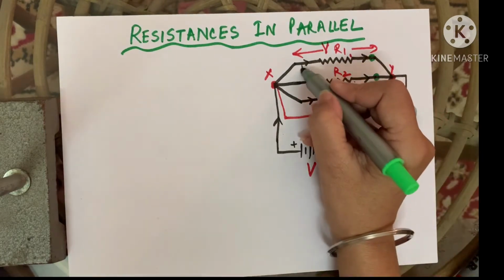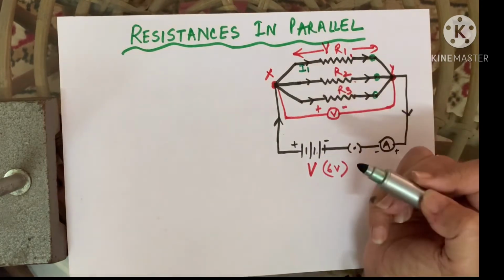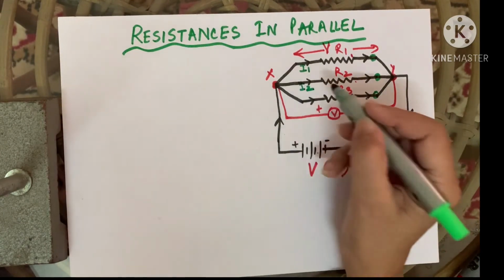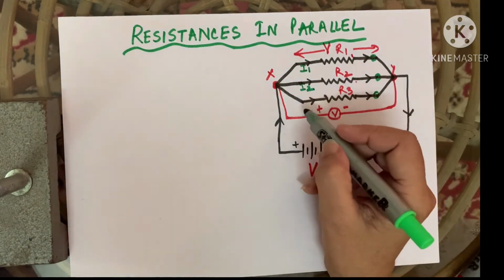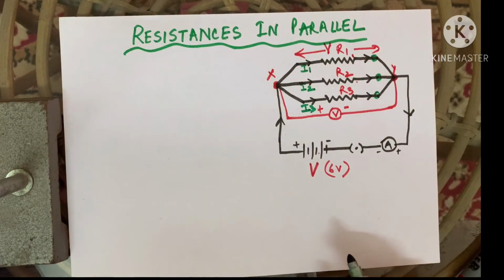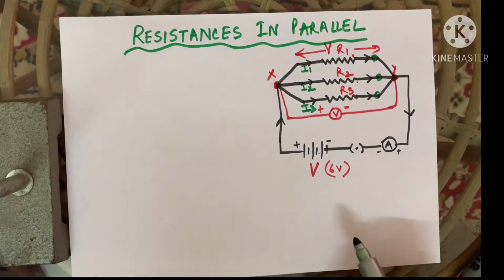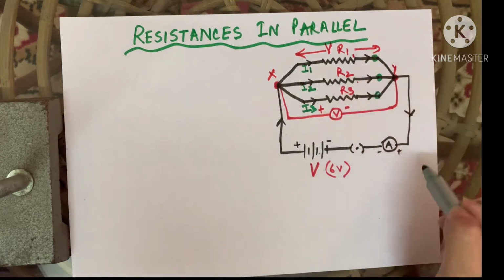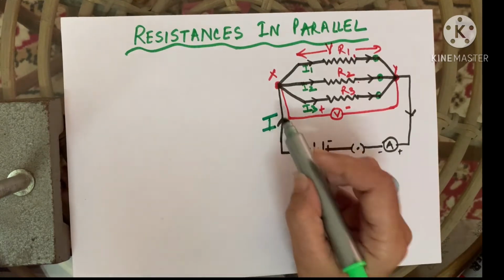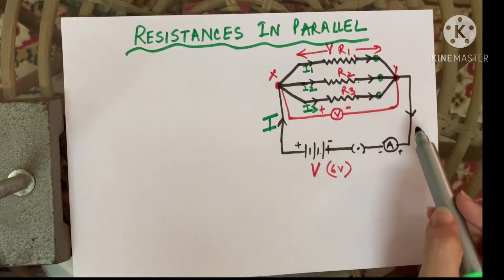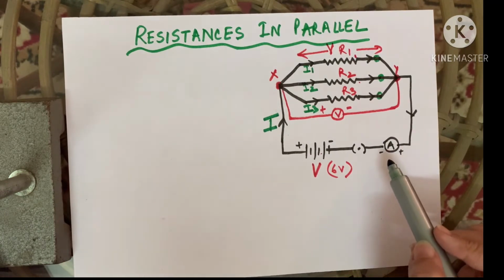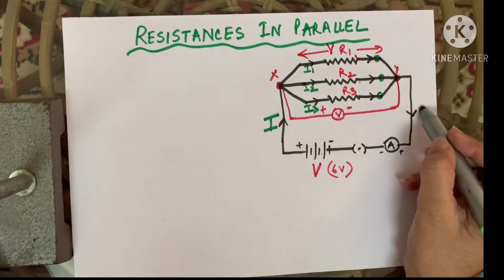Say it is I1 across R1, across R2 it is I2, across R3 it is I3. It is also observed that the total current I is equal to the sum of the separate currents through each branch of the combination.